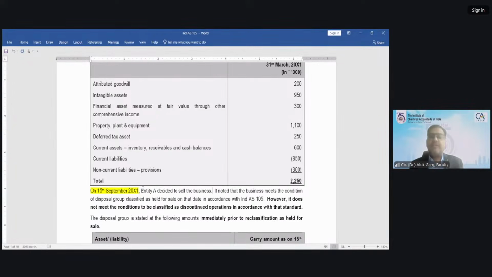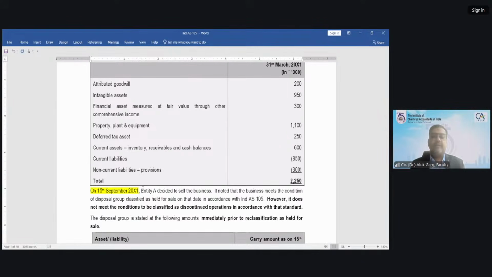It noted that the business meets the condition of disposal group classified as held for sale on that date in accordance with Ind AS 105. So 15 September 20x1 is the date when this asset becomes classified as held for sale.